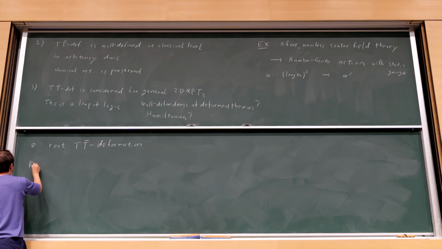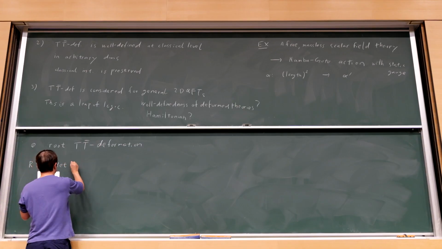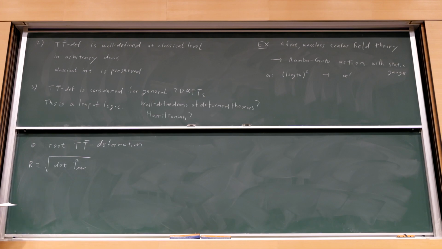So the root-TT-bar operator is defined by this one. This is a determinant of T tilde, and we need to take the square root like this.